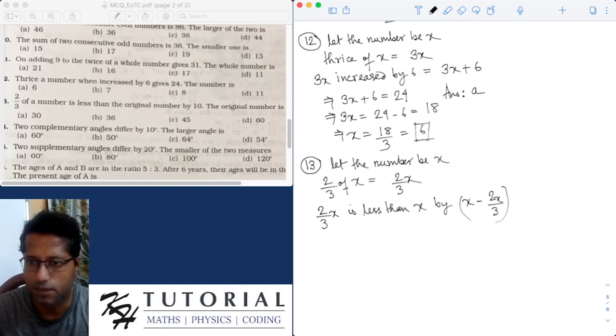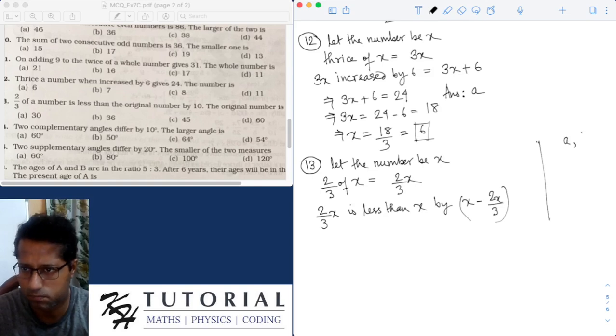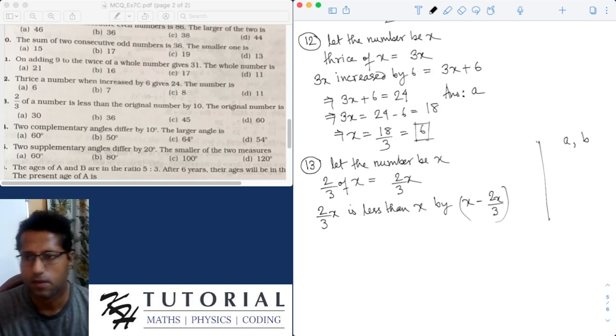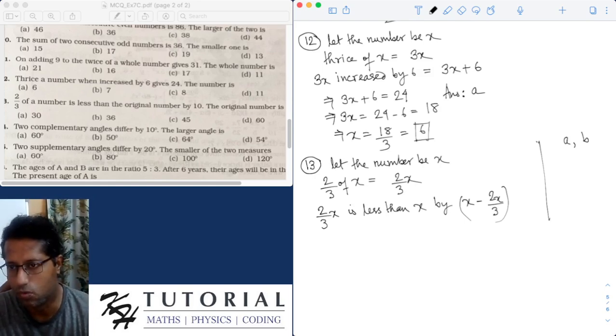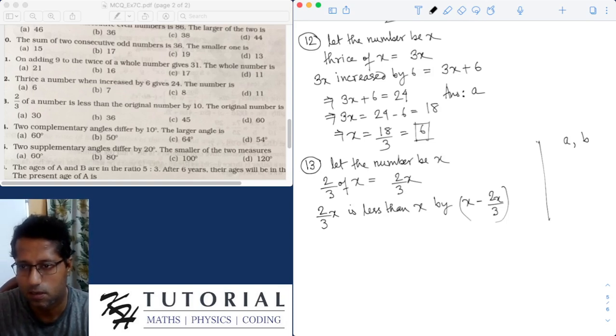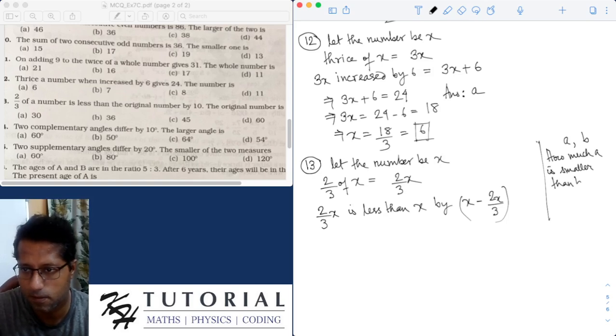Any number, let's say we are having two numbers a and b. We do not know which is greater or which is smaller. If we want to know how much a is smaller than b, it is equal to b minus a.